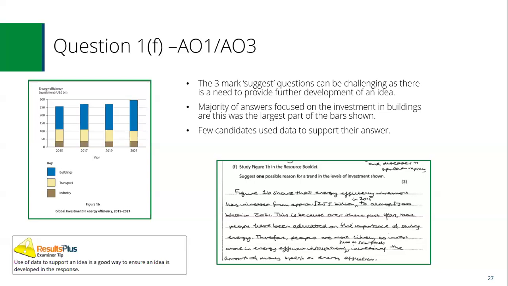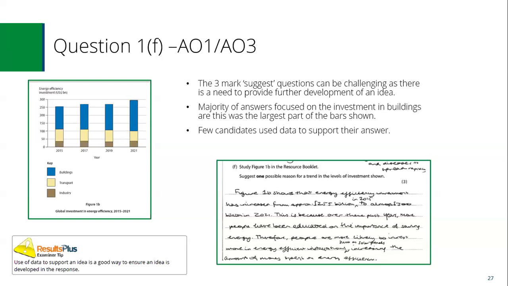This response recognised the increase in investment using evidence from the resource and then linked this to education and how this may lead to further investments. These questions are a mix of AO3 and AO2, so it is important that there is some use of the resource in the response. Making sure they start with the resource would be really useful in getting to that top area.